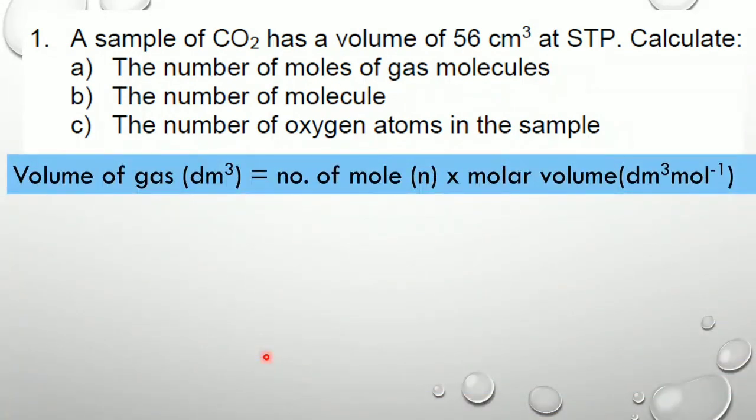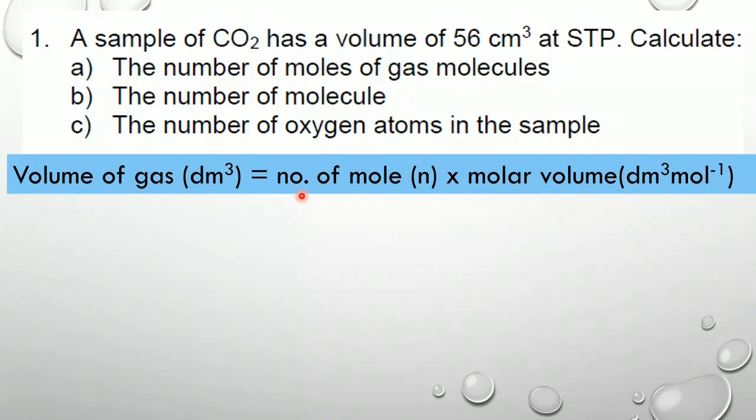So to find the number of mole of gas molecule, we can use the formula, which is volume of gas is equal to number of mole multiplied by the molar volume. The volume is given, and the molar volume at STP is 22.4.